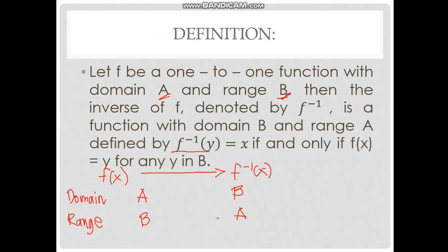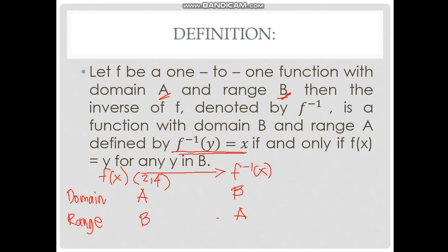Now, what do we mean by this notation? So, say for example, in f of x, we have the ordered pair 2, 4. Sabi dito, in this notation, the inverse of f of y is equal to x.